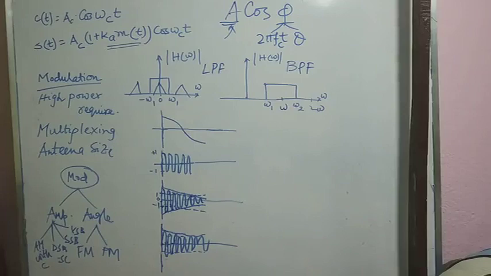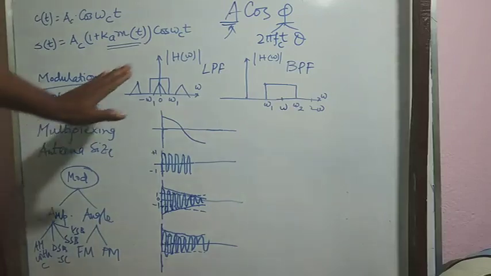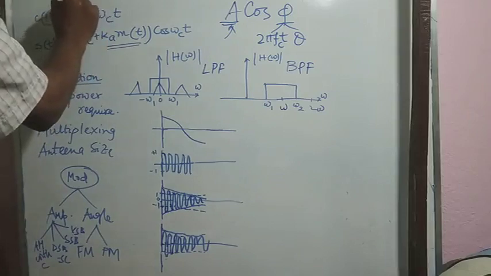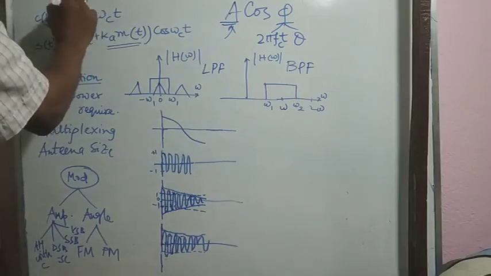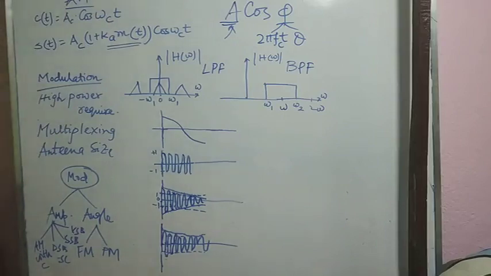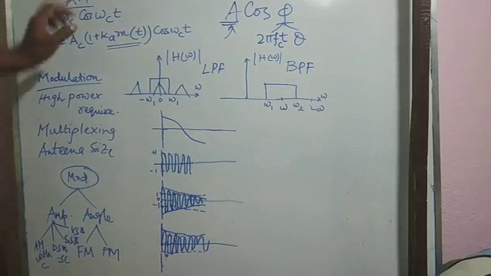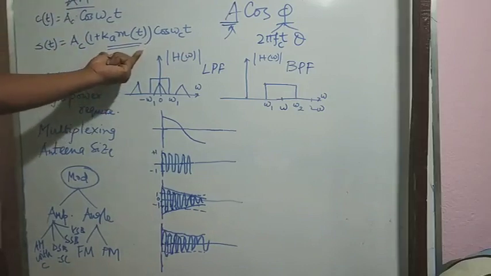Now let's consider at first the amplitude modulation. What did we say? What is amplitude modulation? When the amplitude of the carrier is varied in accordance with the message signal.